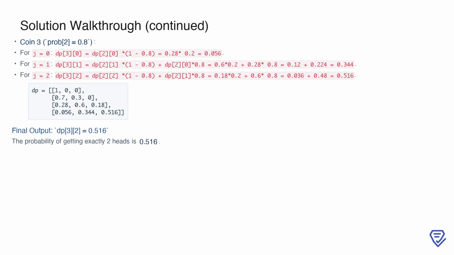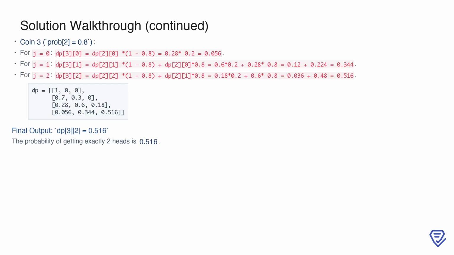For 2 heads, dp[3][2] equals dp[2][2] * (1 - 0.8) plus dp[2][1] * 0.8, which calculates as 0.18 * 0.2 plus 0.6 times 0.8 is equal to 0.036 plus 0.48 equals 0.516.